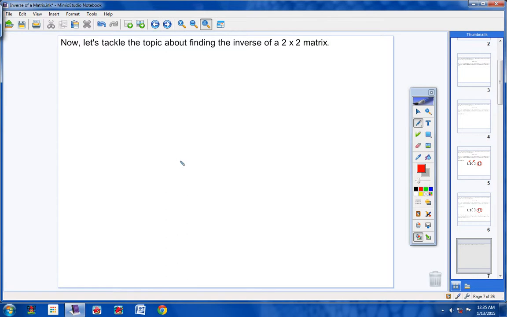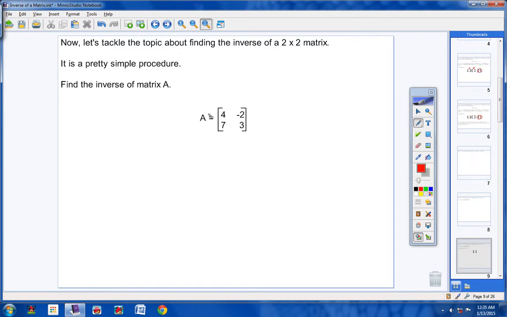Now, let's tackle the topic about how do you find the inverse of a 2x2 matrix. It's actually pretty simple. So here we go. In your notes, please copy this down. We're going to find the inverse of matrix A. Okay? So copy this down, please. And if you're a student that likes steps, I'll give you steps real quick. Find the determinant.